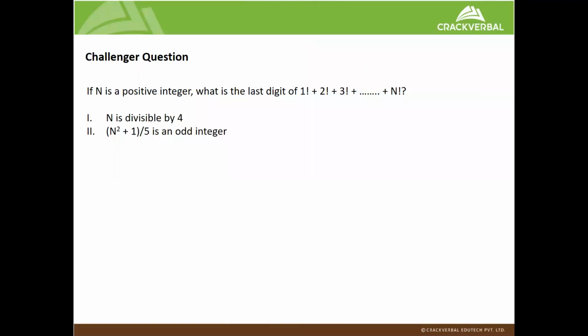If n is a positive integer, what is the last digit of 1 factorial plus 2 factorial plus 3 factorial till n factorial? Remember, I need the last digit. If I put n equal to 1, I get 1 factorial, so the last digit is 1. If n is 2, I get 1 factorial plus 2 factorial, which is 1 plus 2, giving 3.